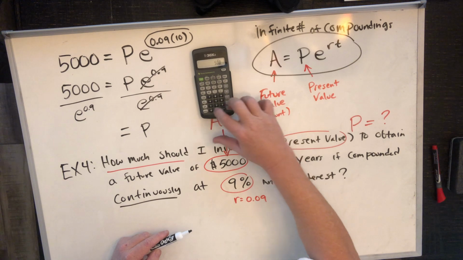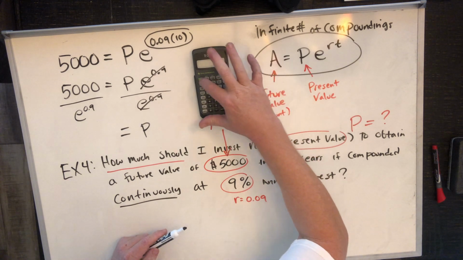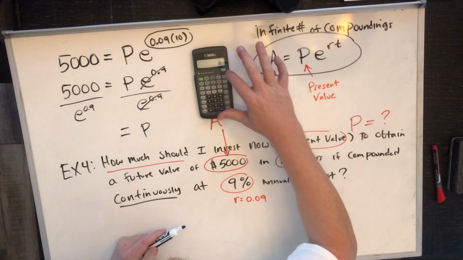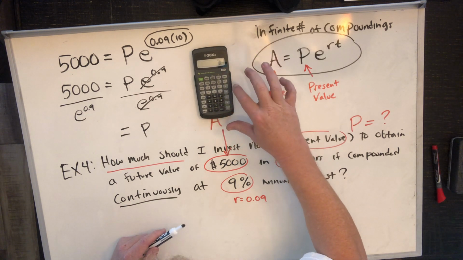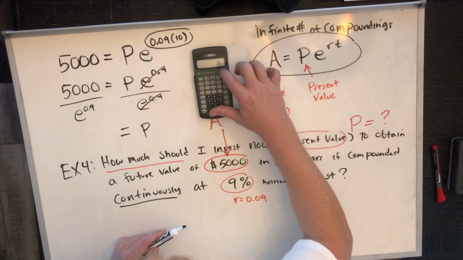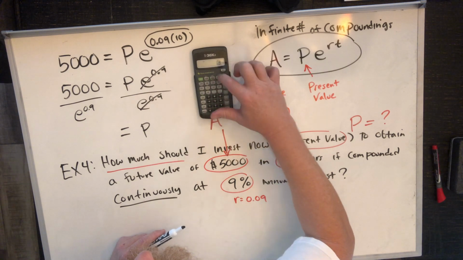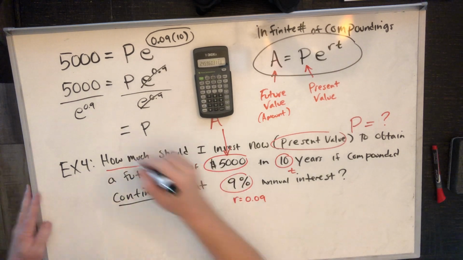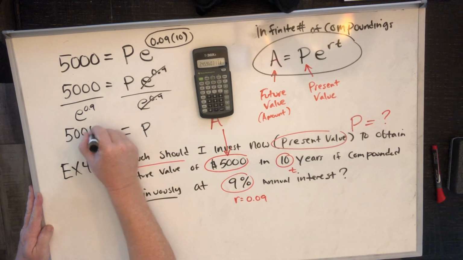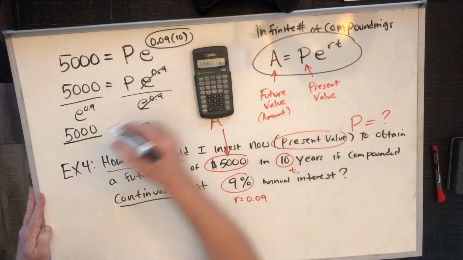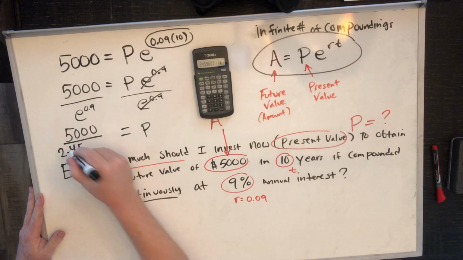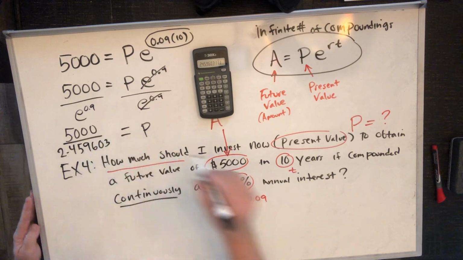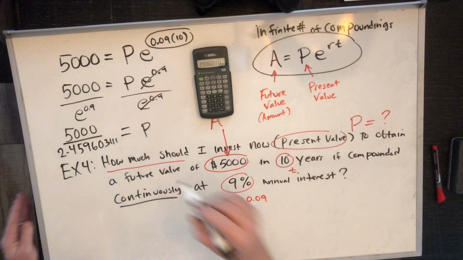So 5,000 divided by, let's do it this way. Let's do 0.9. Then we'll do e. So that's going to be 5,000 divided by 2.459603 1111.